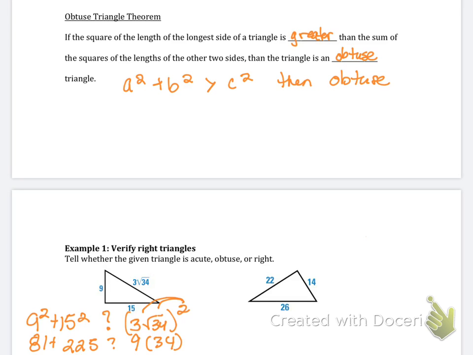So once I add these together, I'm going to put my answer up here because I ran out of space. 306 is actually equal to 306. Therefore, it is a right triangle.